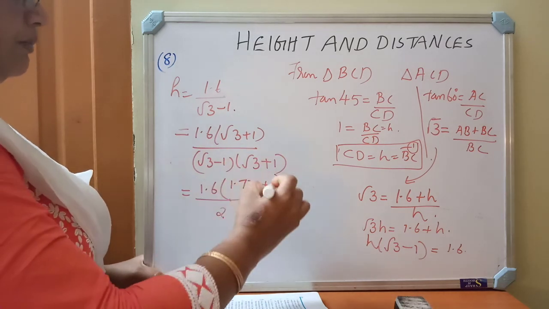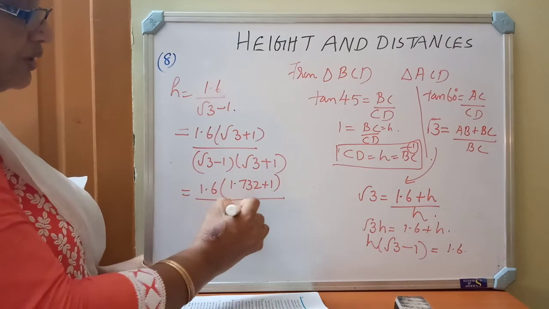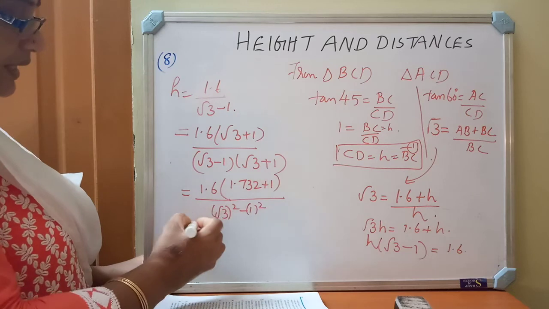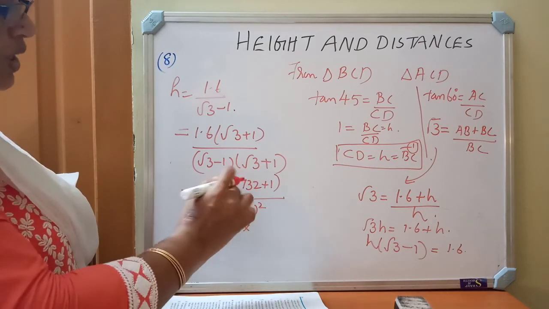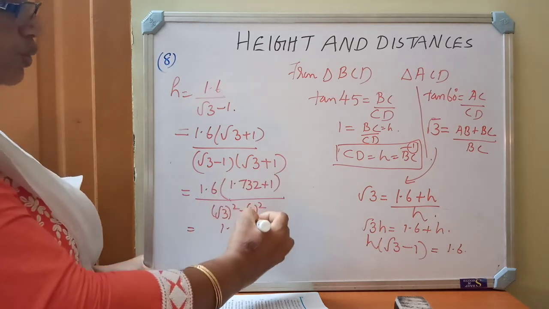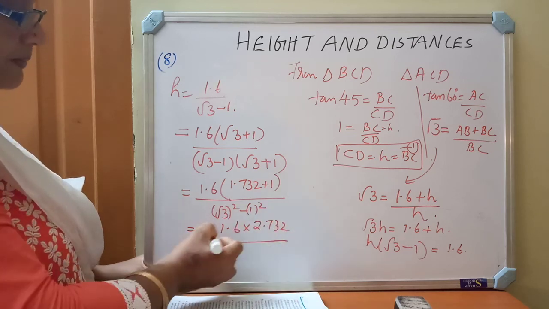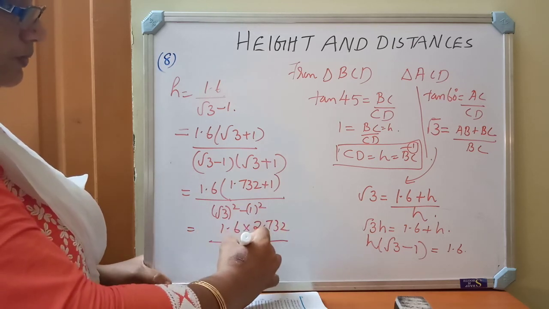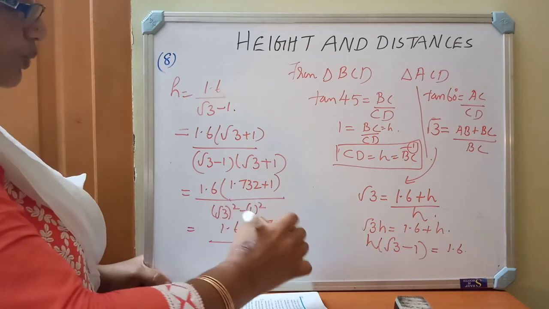If you need, I will write all the steps. Root 3 squared minus 1 squared, that is 3 minus 1. You will get 1.6 into 1.732 plus 1, which is 2.732, divided by 2. 3 minus 1 is 2.